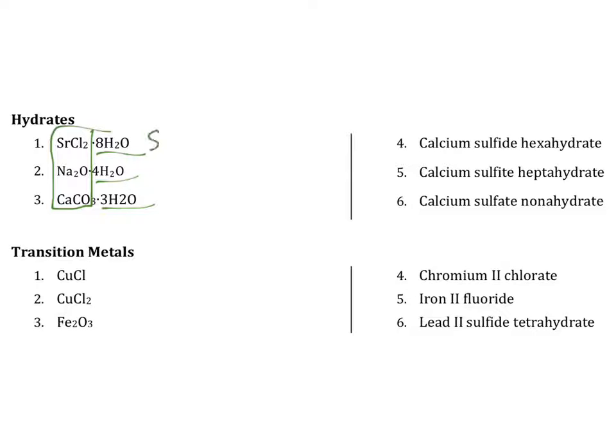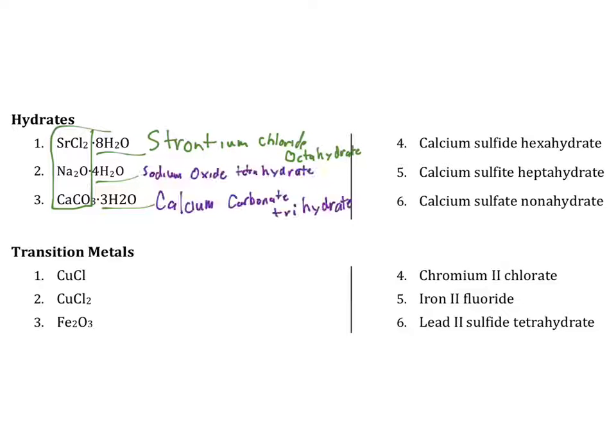So strontium chloride, and then octa, which is 8, hydrate. All right. And there we go. So sodium oxide tetrahydrate and then calcium carbonate trihydrate. And it's that straightforward. Let's go ahead and do this next part.